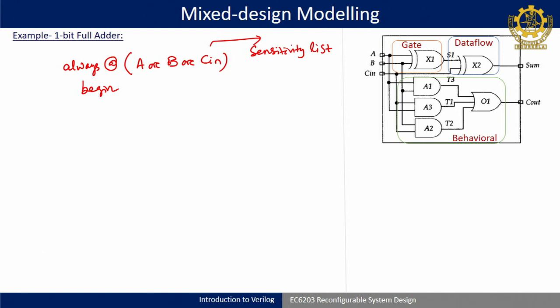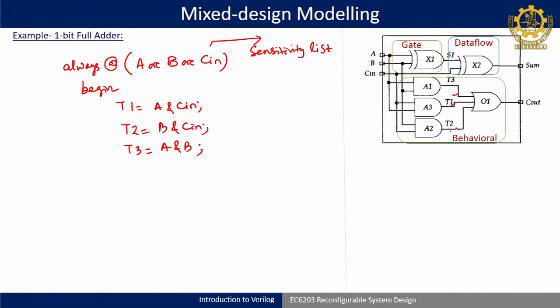So after begin, I am directly writing T1 is equal to A and Cin. Just check here, T1 is taken from Cin and A, then T2 will be taken from B and Cin, with the AND operator. Then T3, what's left out, is A and B. Over.